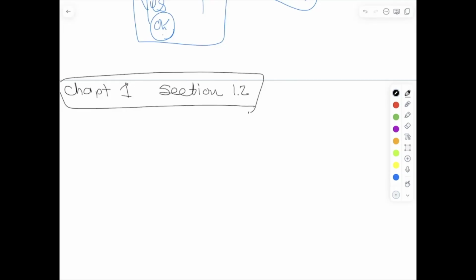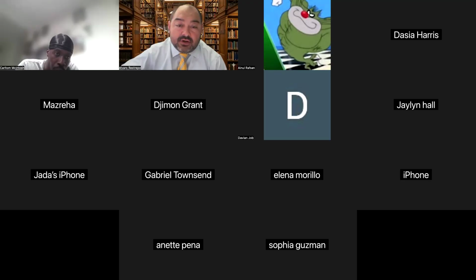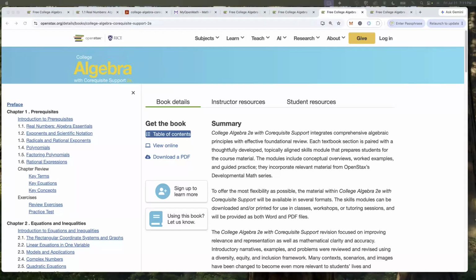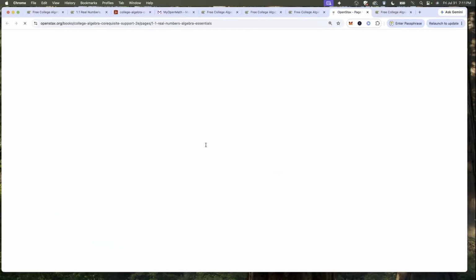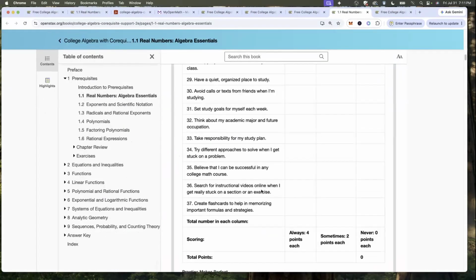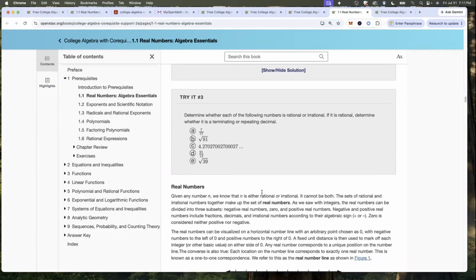There you go. You should all see that now. Cool. So section 1.1 in the book, we just did. This talks about real numbers, right?